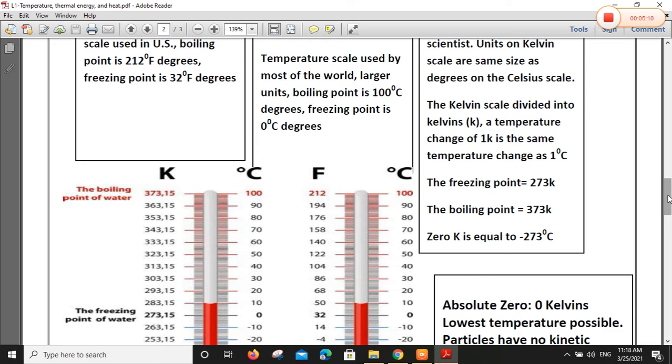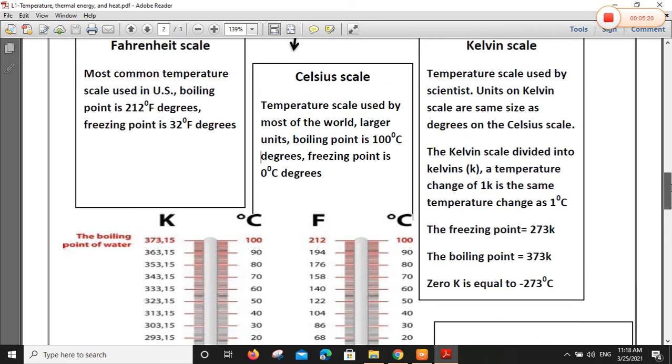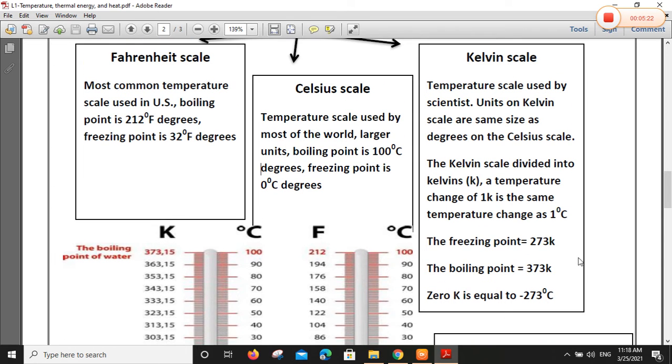The difference between the freezing point and boiling point is 100 degrees, also in Kelvin: the freezing point is 273 kelvins and the boiling point is 373 kelvins.